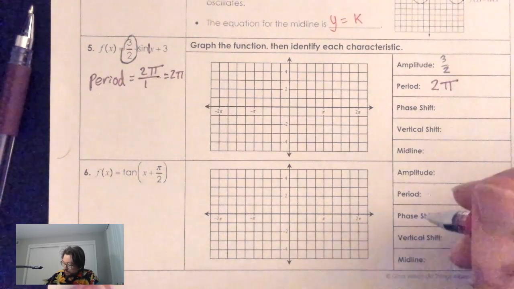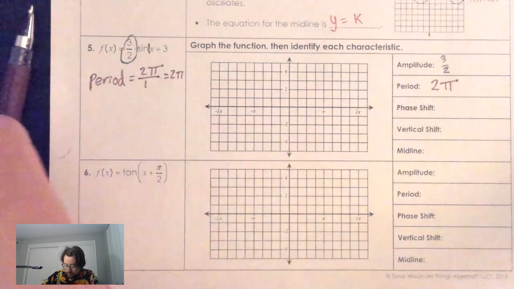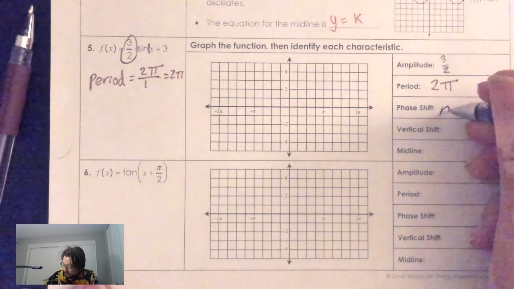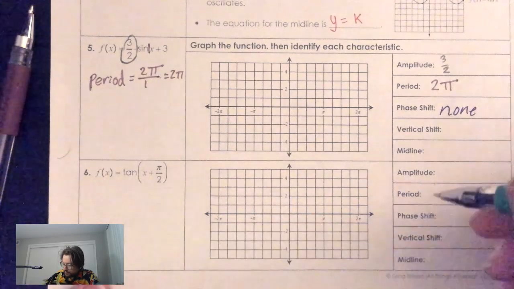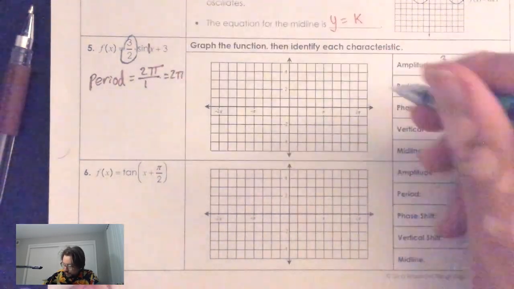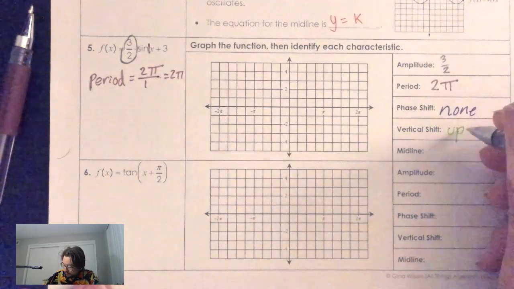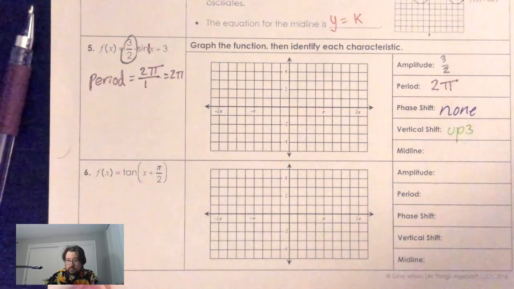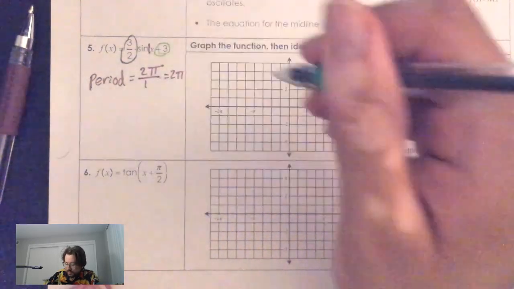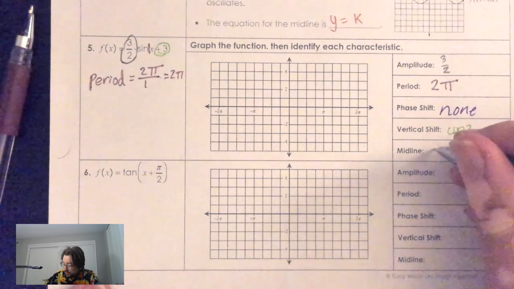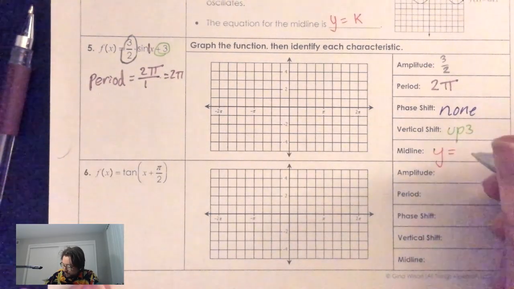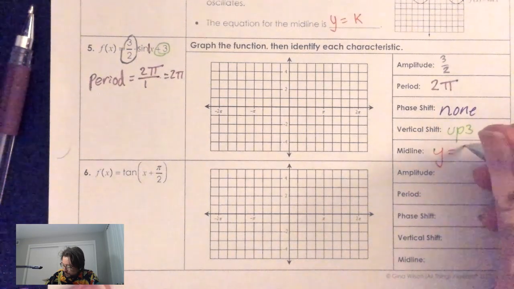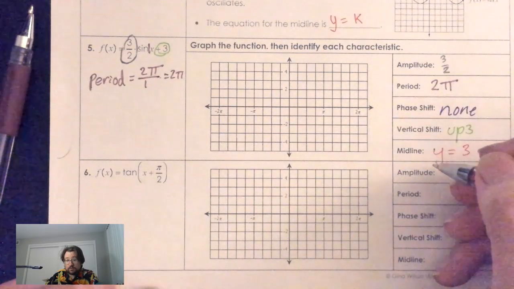So then we can write down none. There is a vertical shift. It's going up 3 because we see that plus 3 on the outside, so the new midline is y equals 3.